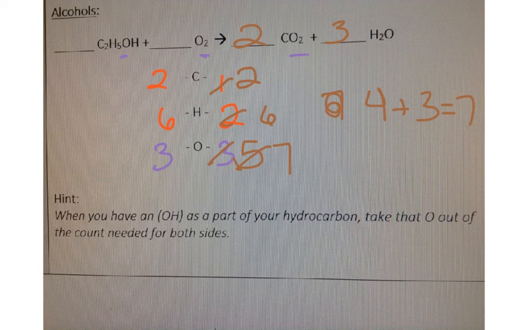All right, so I have an odd and an odd, so that previous hint doesn't come into play, but here's the hint that I give you. When you have an OH as a part of your hydrocarbon right here, hydrocarbon means you have a hydrogen with a carbon, remember? So if you have an OH, then take that O out of the count for both sides. So instead of pretending that this O is a part of my count, I'm going to take away 1 from each side.